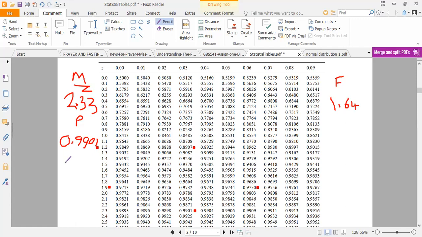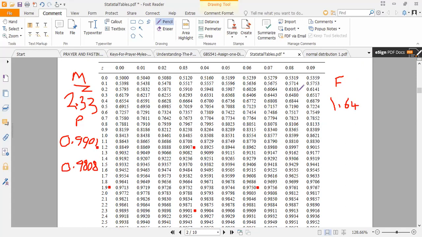So I'll ask you, the gentlemen, before I go to the ladies. Now I'll start from inside. What is 0.9808? What is a Z for this probability? The gentlemen, you need to look for it inside here.